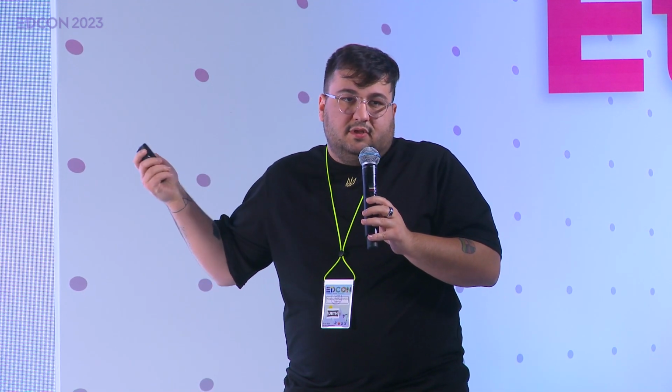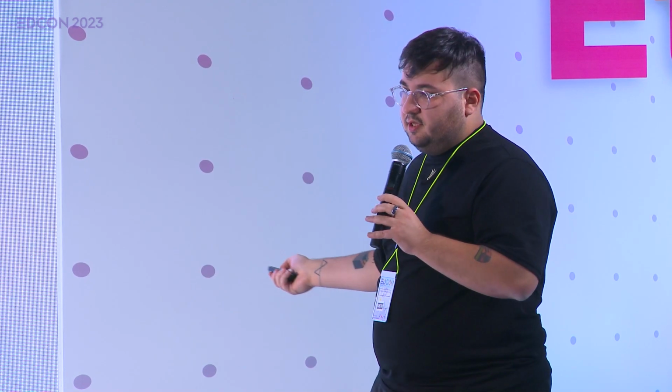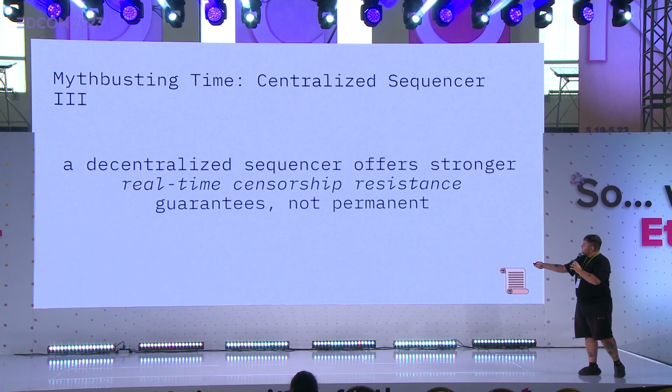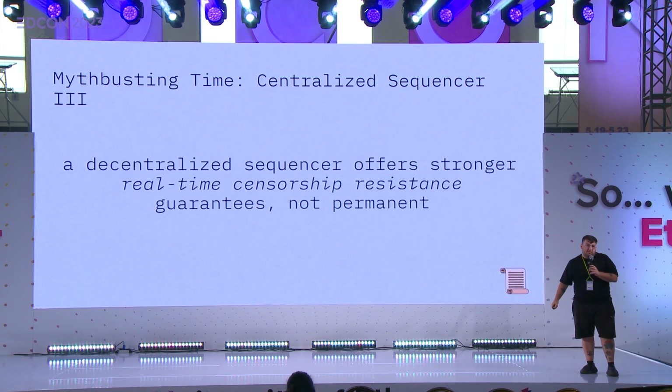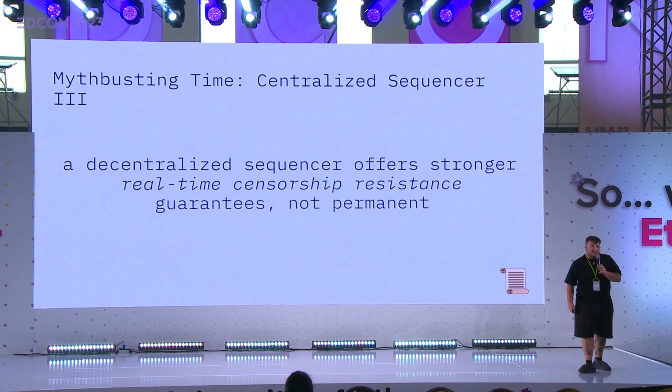We just need the sequencer to provide some form of real-time censorship resistance guarantees, because even a centralized sequencer is unable to censor us permanently. It can only do it temporarily. So the centralized sequencer offers stronger real-time censorship resistance guarantees, and that's it.